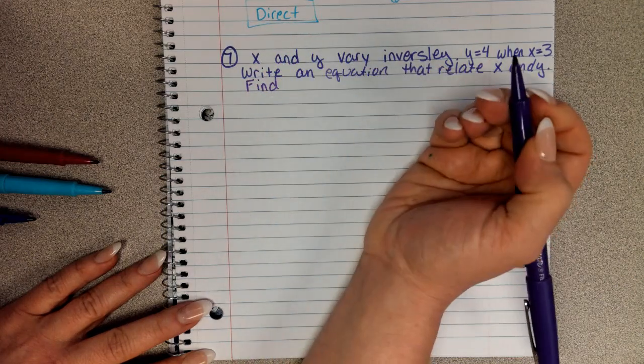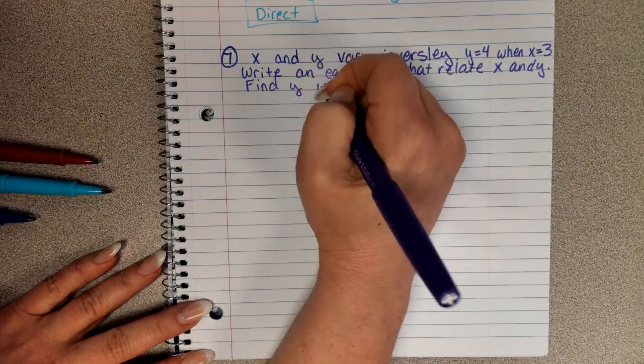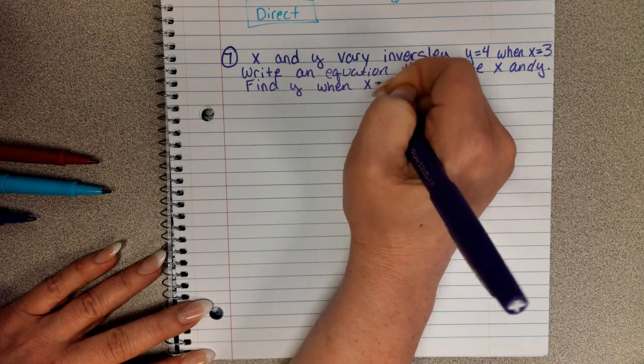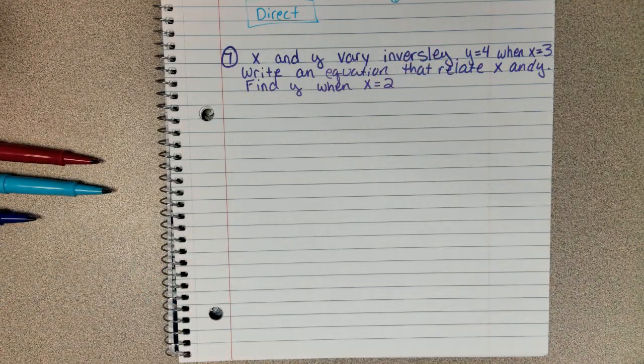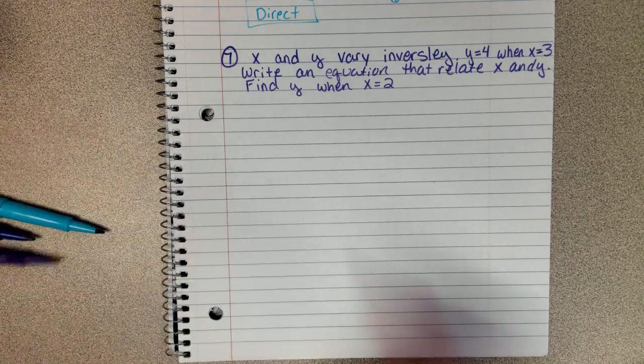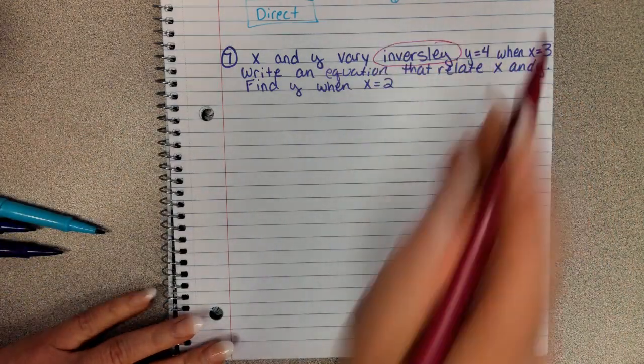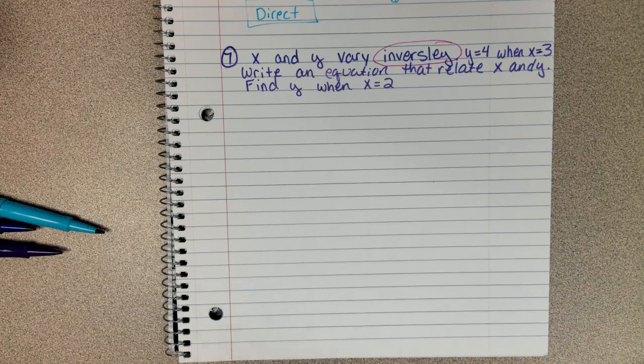So in this case, let's find y when x equals 2. So there'll be two requests. One of them will be to write an equation. The second request will be to find a value. Now, they will tell you in these word problems how they want this to vary. In this word problem, they want it to vary inversely.